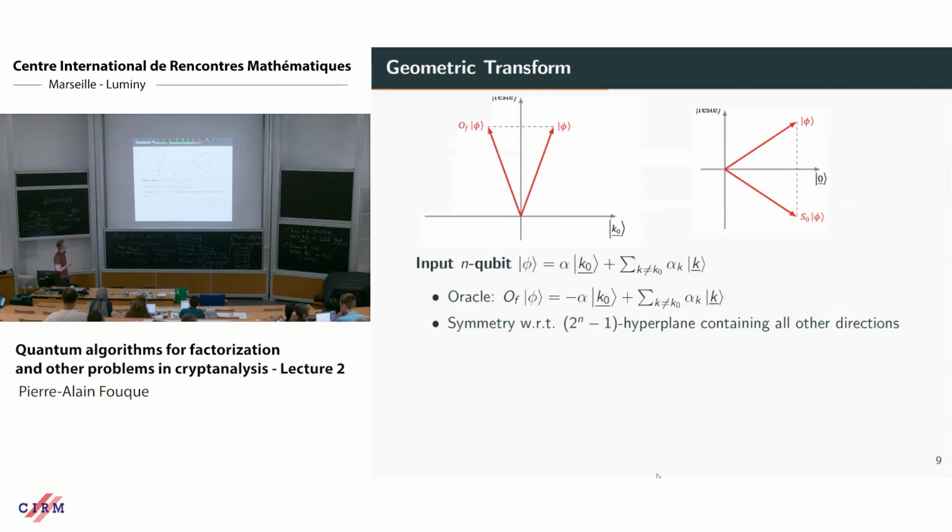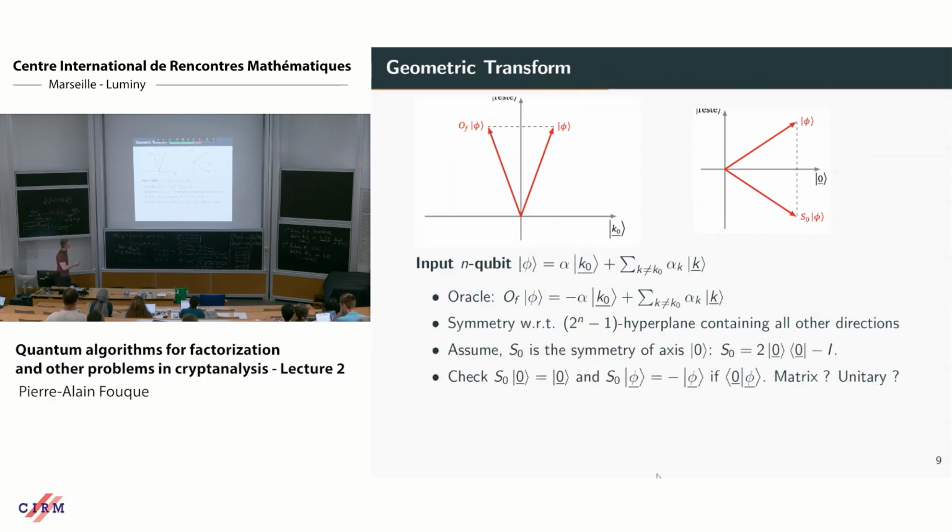In order to perform this symmetry, we have to look at what is the unitary matrix representing a symmetry. One easy case is, for instance, if you want to do some symmetry according to the k0 direction here. The symmetry can be written like this. It's not too complicated to write this.